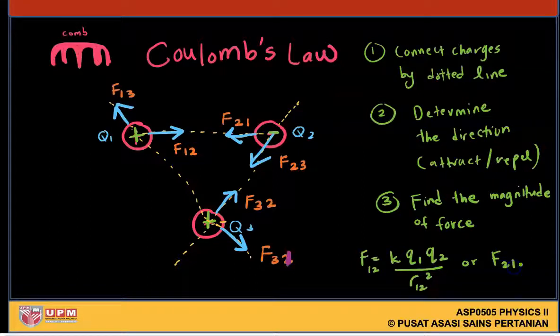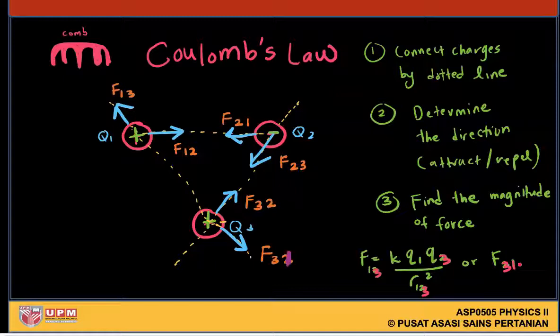If this is my equation, I am actually determining the force for F12 or F21. They should have the same magnitude, but the direction should be different. If I wanted to find the force for F13, this should be changed by changing this part over here. So F13, and the magnitude is the same for F31, except that they are in opposite direction.